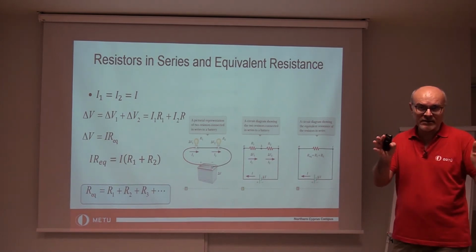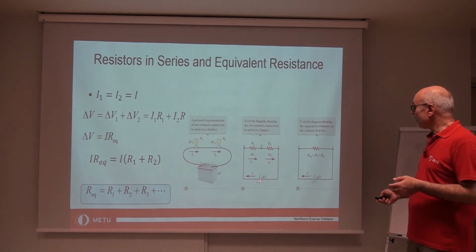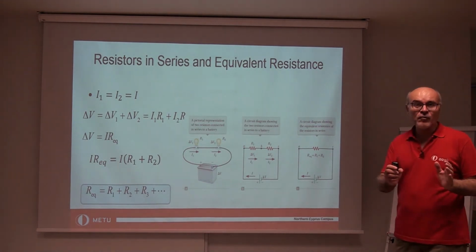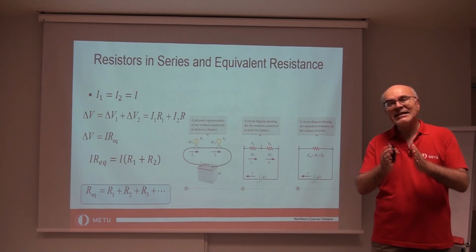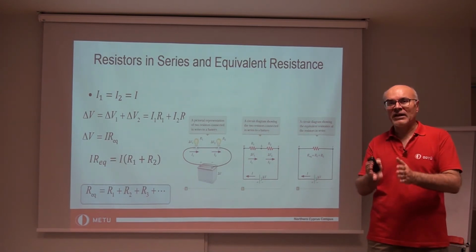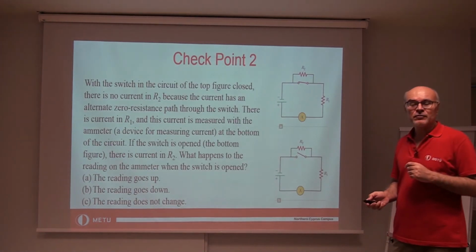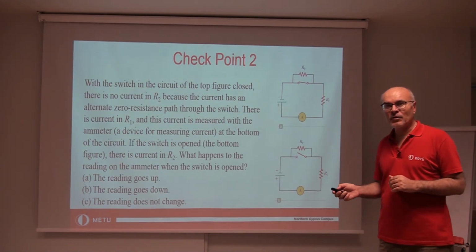The current is not split, but the potential is split. The potential between points A and C is divided across R1 and across R2. Therefore, series combinations of resistances are sometimes called potential dividers. This is a good checkpoint to check your understanding, so please try to do it before you proceed.